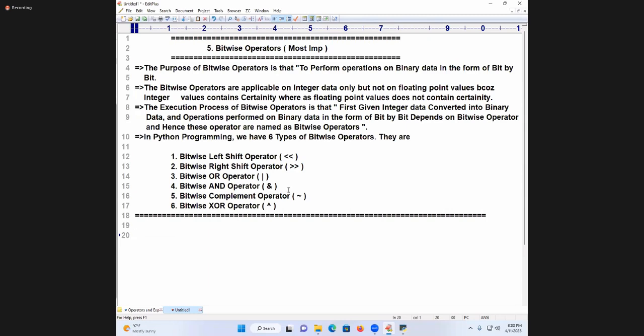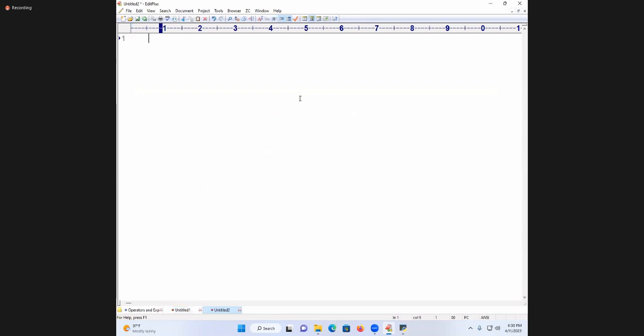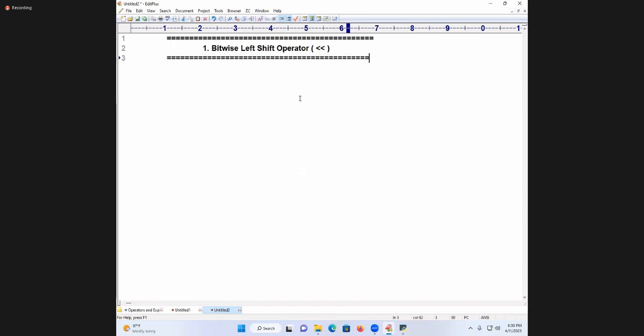Shall we start? Now I am going to talk about the bitwise left shift operator. I will explain it separately. I'm not explaining all of them in one line only like earlier. I'll explain separately, students, because I give more preference to this first.